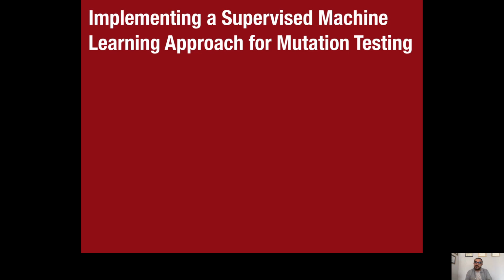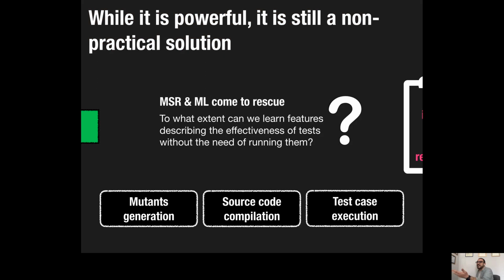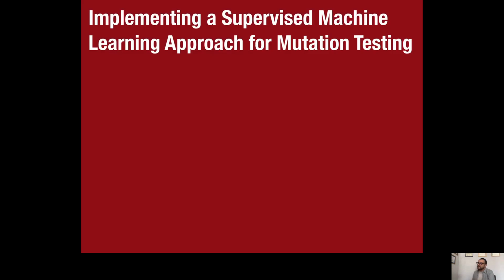To use a machine learning model, to exploit mining software repositories techniques combined with machine learning models, there must be a clear reason, a clear objective that can be reached by using those techniques. So this is step 0. And in our case, this step 0 was the understanding of whether machine learning could be used to predict the mutation score of tests.